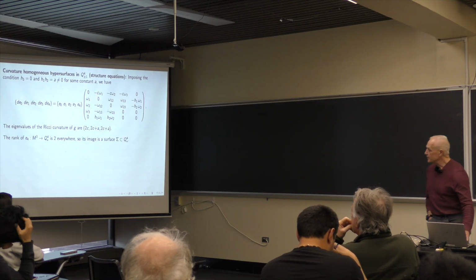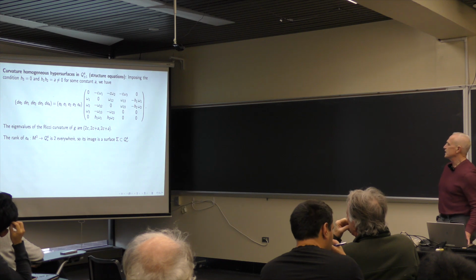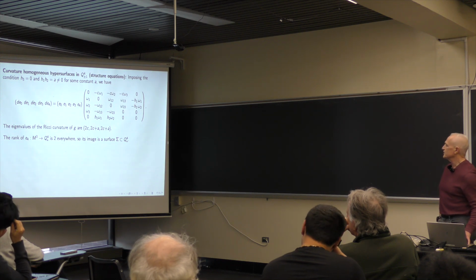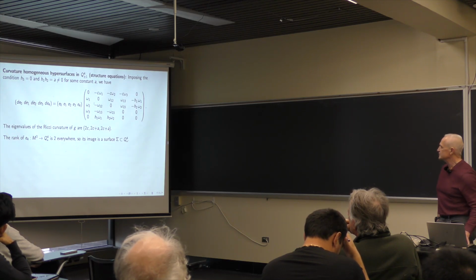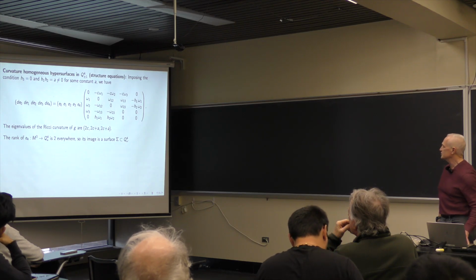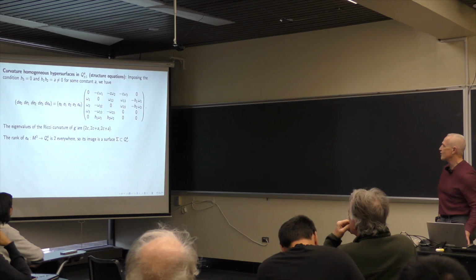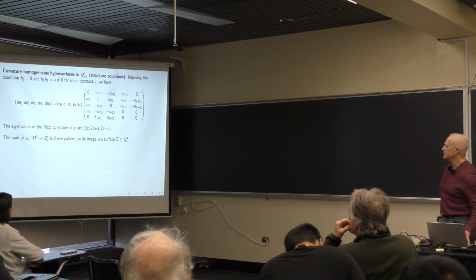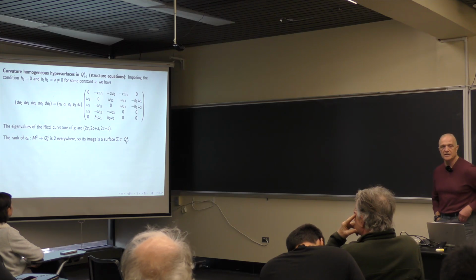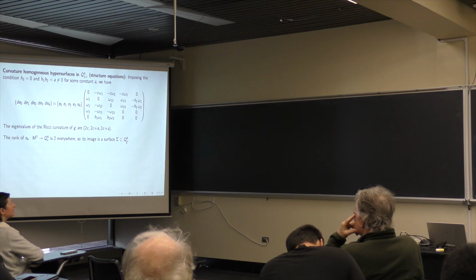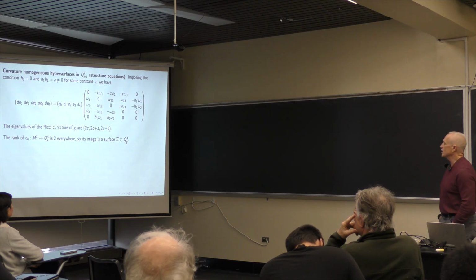And the interesting thing that I want to bring up in this case is that because H3 is 0, that means that this term is 0, which means that the differential of E4 is a linear combination of E1 and E2. In other words, the rank of E4 mapping into Q4 is 2 everywhere. So its image is a surface sitting inside the dual quadric.